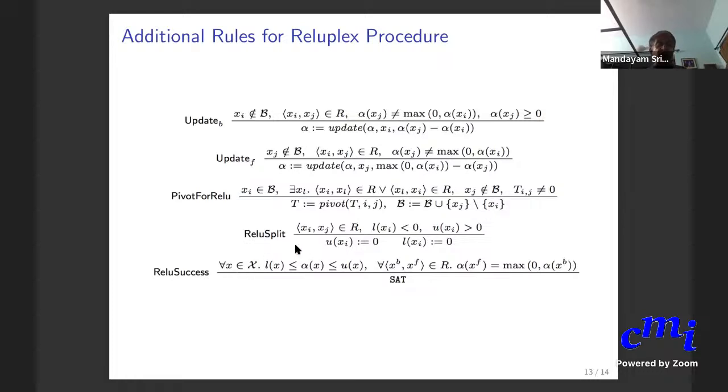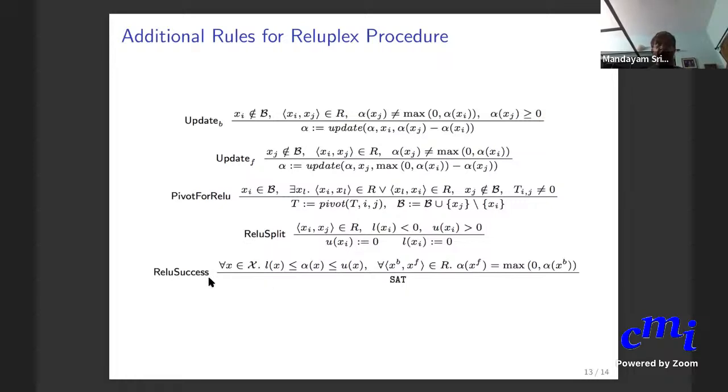Then there is a splitting rule, which is needed only after you have exhausted applying all these three rules. And the success rule is also changed.